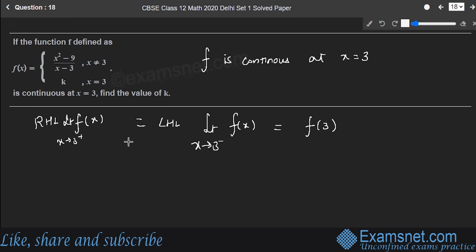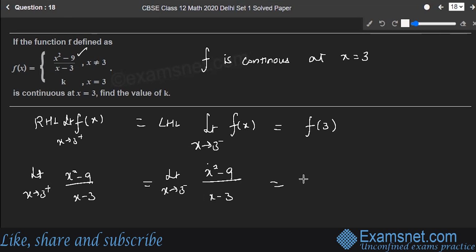What is the right hand limit? The right hand limit will be given by limit x approaching 3 plus of the function (x square minus 9) upon (x minus 3), which is equal to the limit x approaching 3 minus of (x square minus 9) upon (x minus 3), which is equal to f of 3. This is equal to k from here.